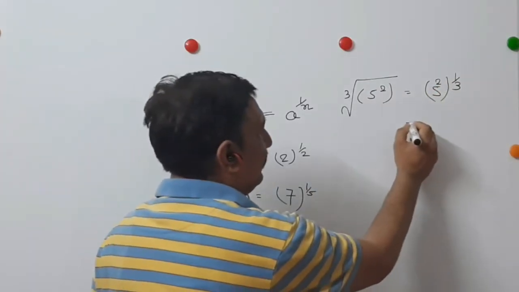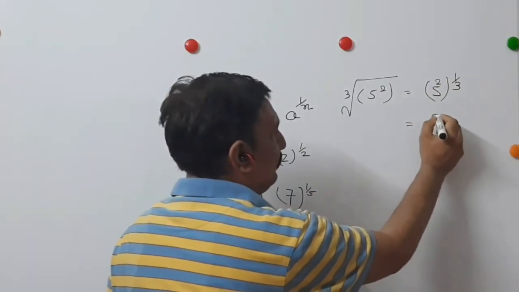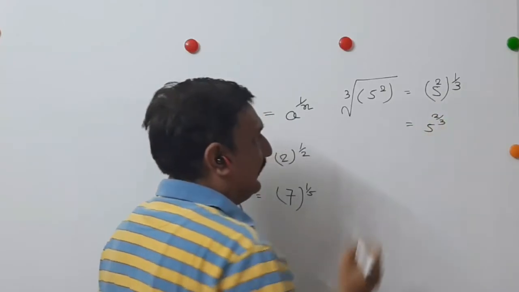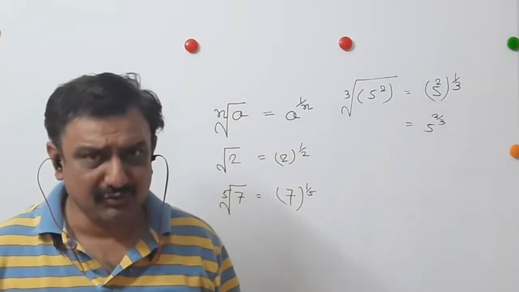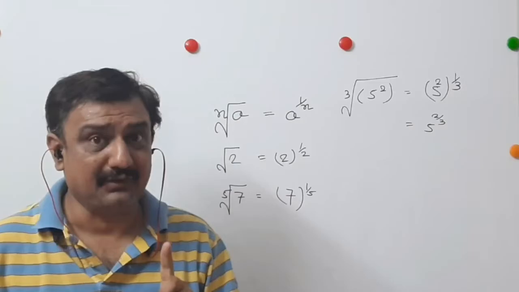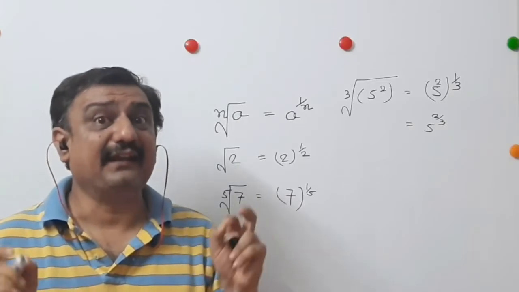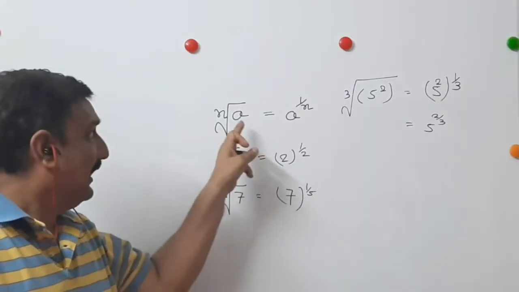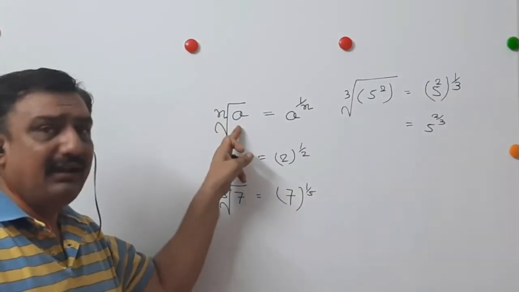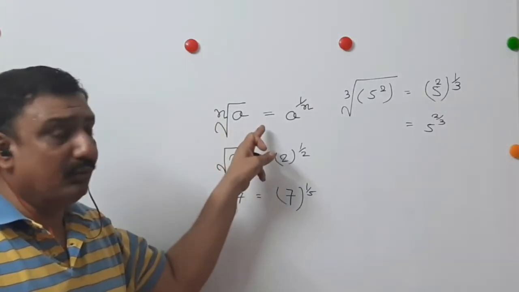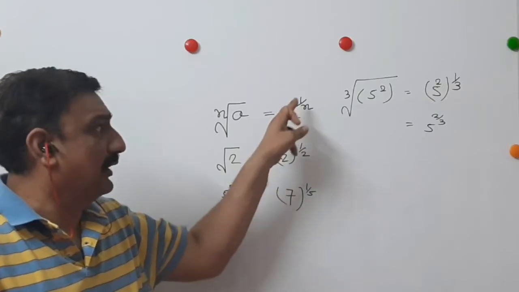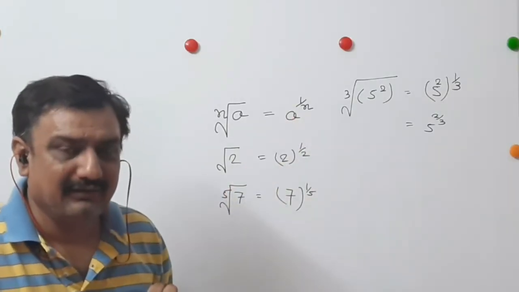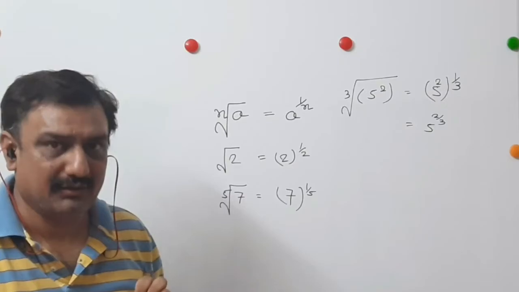So what do you get? 5 raised to 2 by 3. Understood? That is the first concept: any algebraic irrational number, the nth root of a, is equal to a raised to 1 by n. Understood?